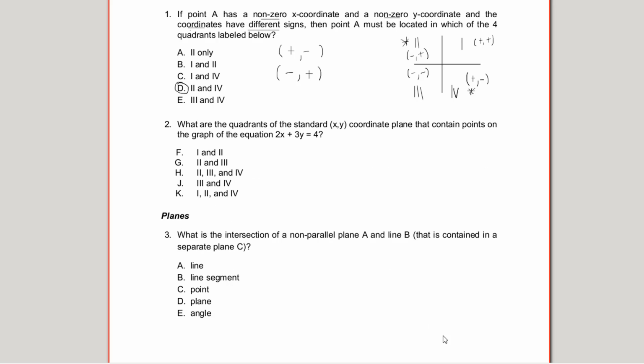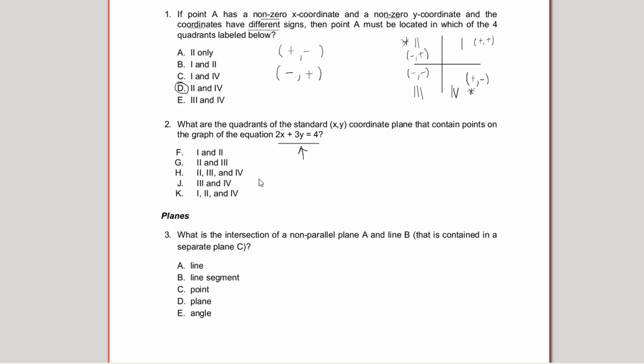What are the quadrants of the standard xy coordinate plane that contain points on the graph of the equation 2x plus 3y equals 4? So our first step is we need to look at this line 2x plus 3y equals 4.